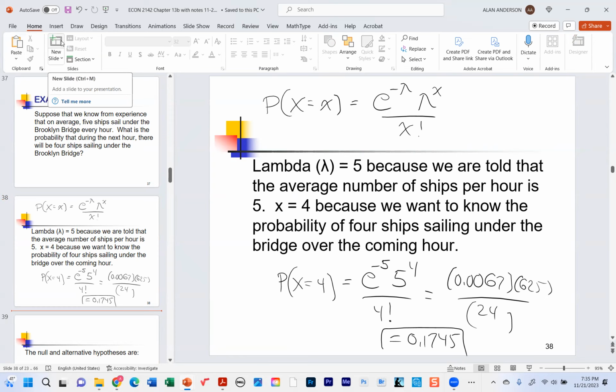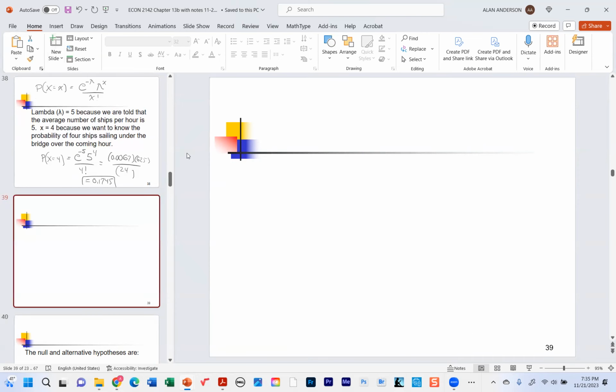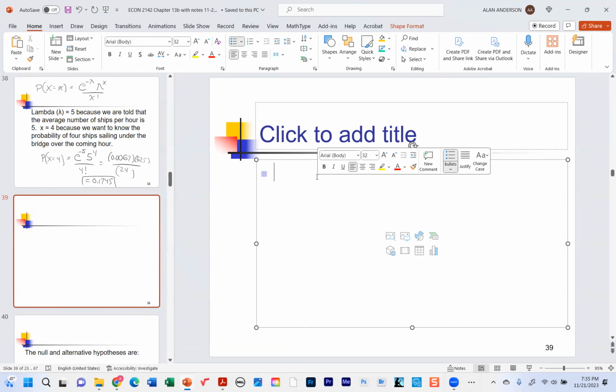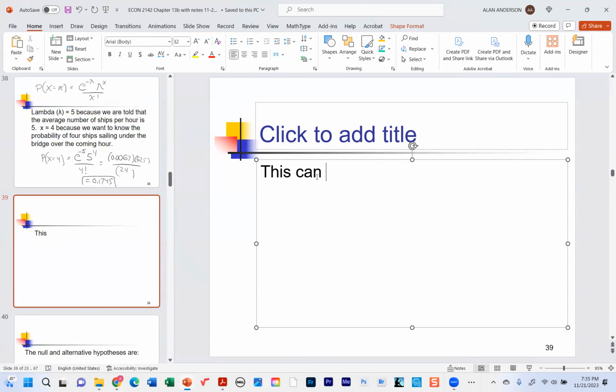Well, remember in the past, we've used functions like normal CDF to come up with probabilities. Well, this is a similar setup. So instead, this can be calculated with the TI-84 as follows.